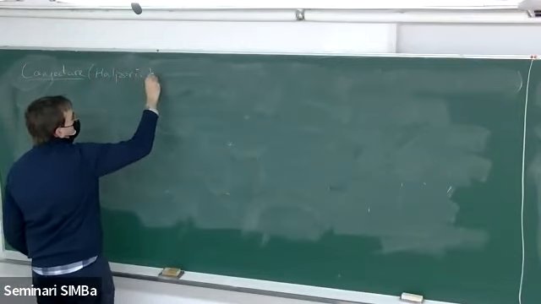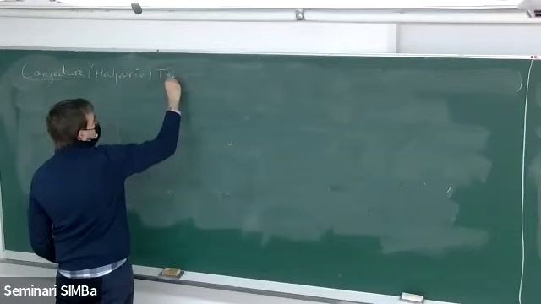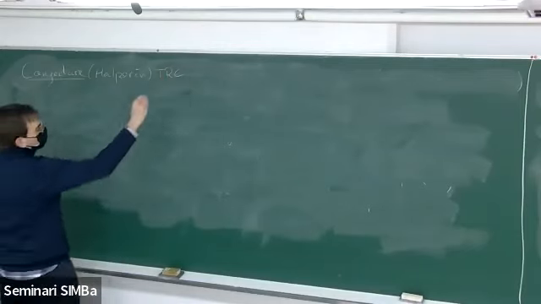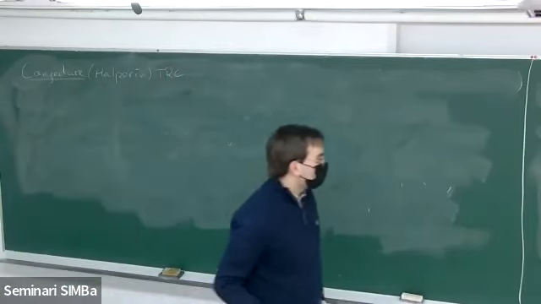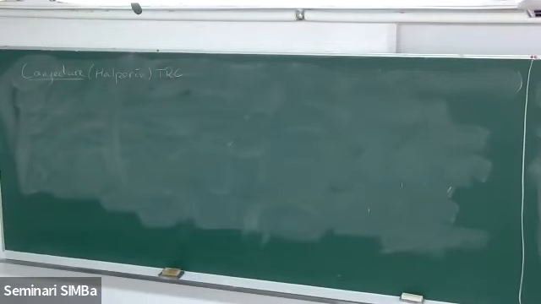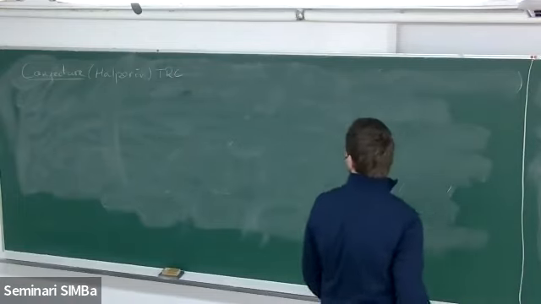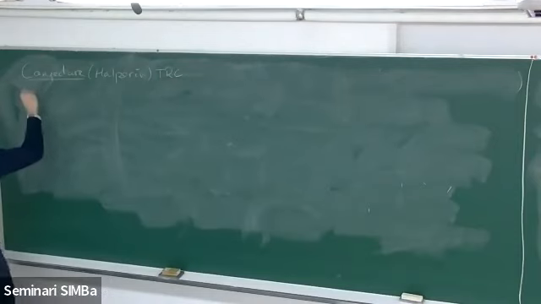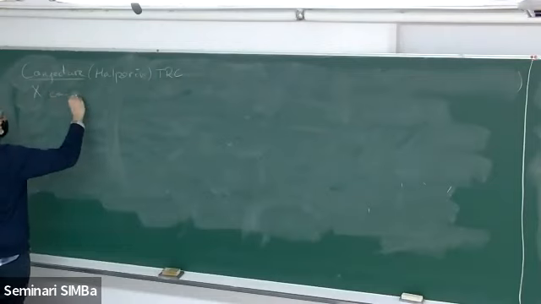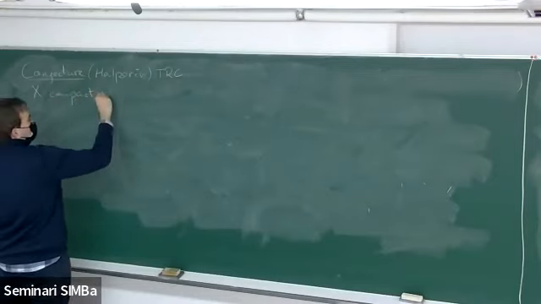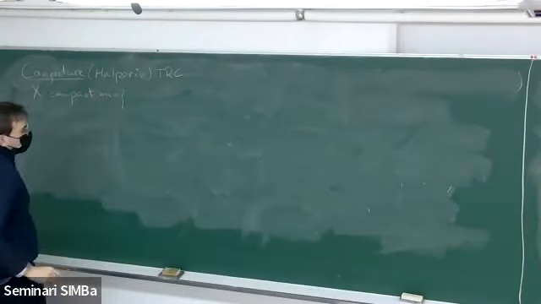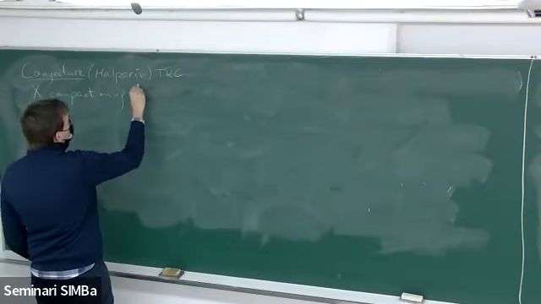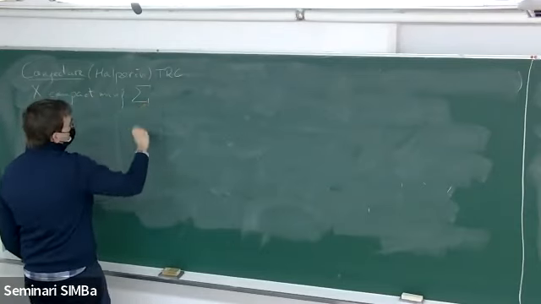Conjecture also. The thing is that we always find bounds using topological data of the manifold. The conjecture says that if X is a compact manifold, then we have its homology.